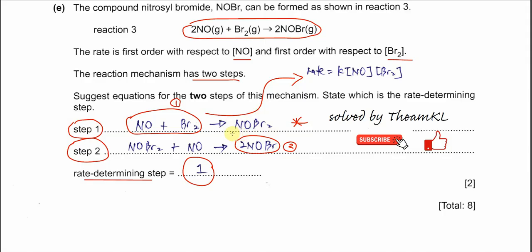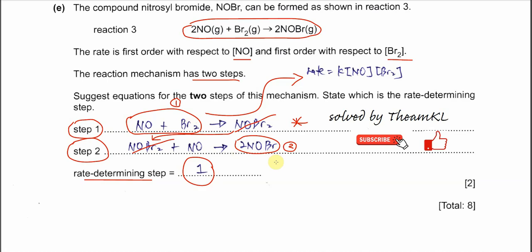Then you bring this intermediate to the second step, and you put the NO here. Why? Because in this overall equation, there are two NO. So you need to put another NO in the second step, because this NO will not really contribute to the order now. Then the intermediate is canceled out, and there are two NO and one bromine forming 2NOBr.